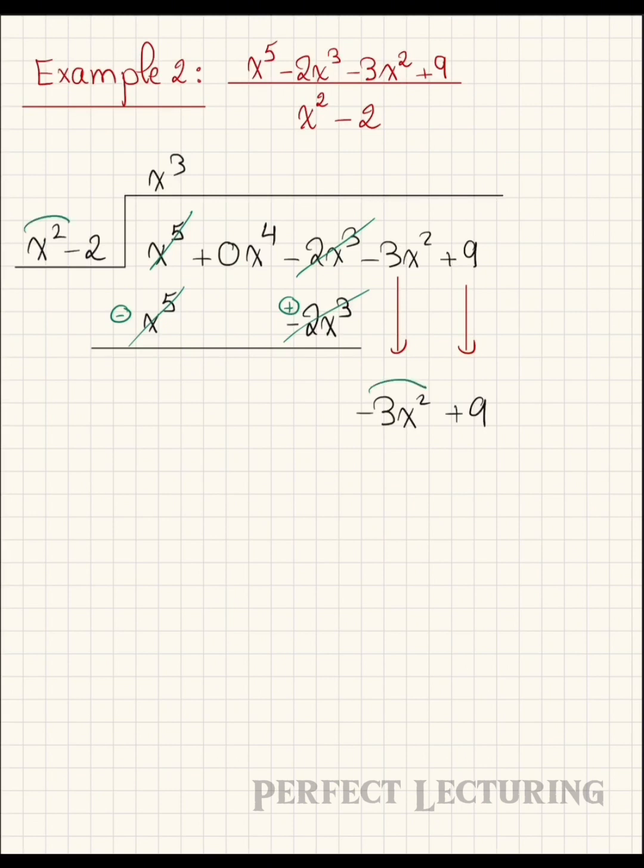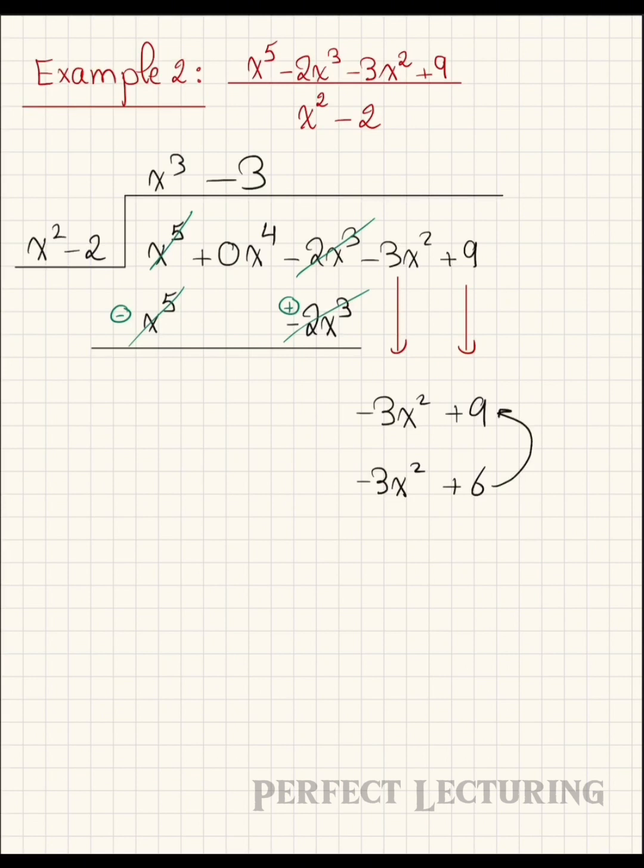So negative 3x squared divided by x squared, that is a negative 3. And then I multiply the minus 3 by x squared, which is minus 3x squared. Then minus 3 times negative 2, that's a positive 6. And this is what I meant by having 2 terms.